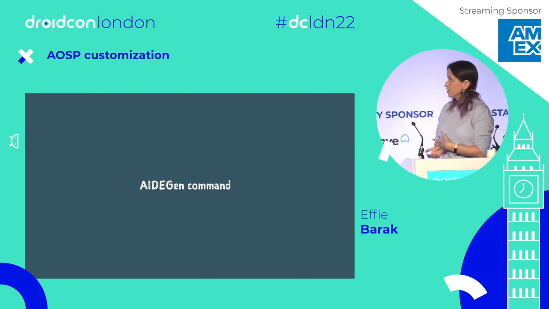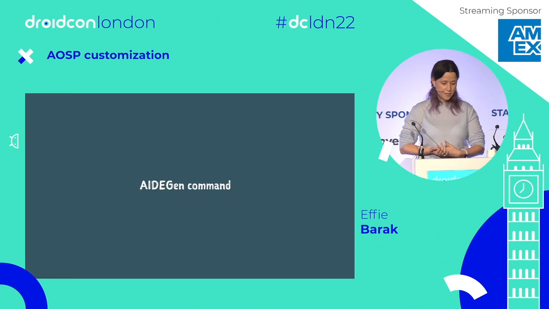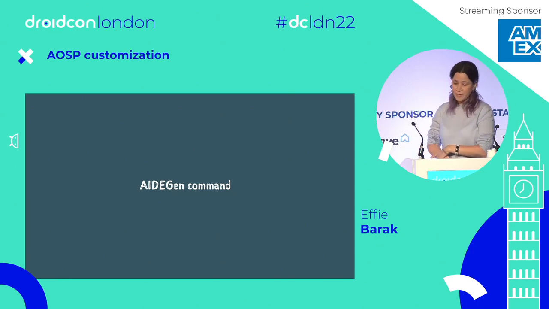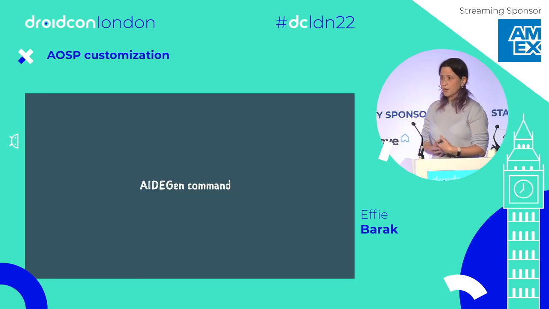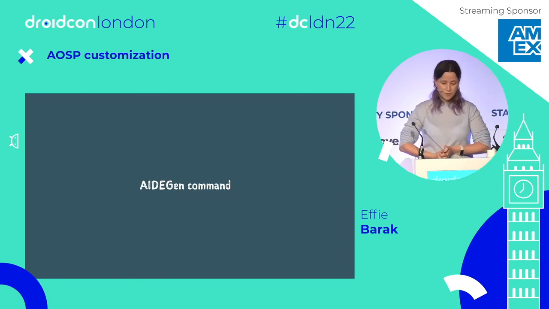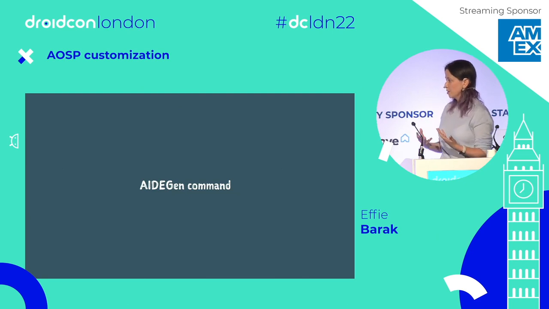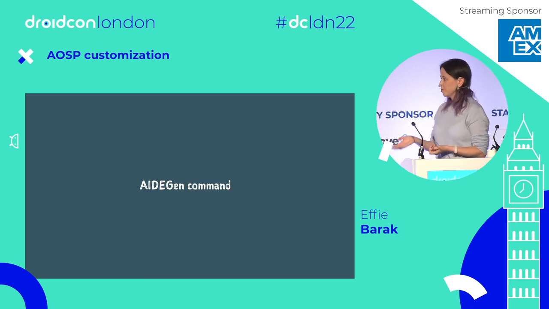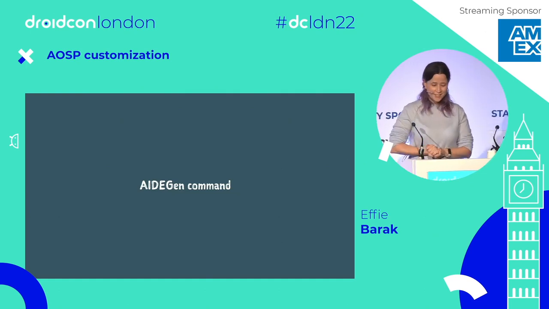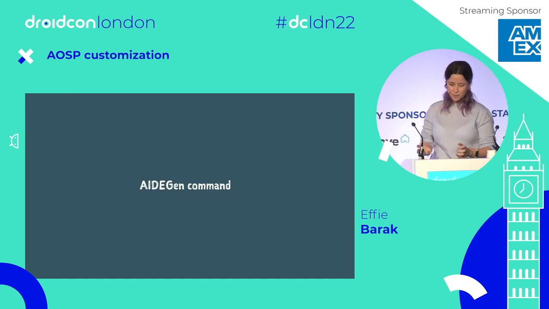Another command I want to touch on that is very useful for developers is the aidegen command. It configures Android Studio or IntelliJ project files with the relevant module dependencies resolved. Because we don't have those IntelliJ or Android Studio files in our folders, and we want these connections between files, we don't want to open a file and not know how to navigate to who is using it, or navigate to the source of this, or go to definition. We like these options when we are using an IDE, and this command gives us this.